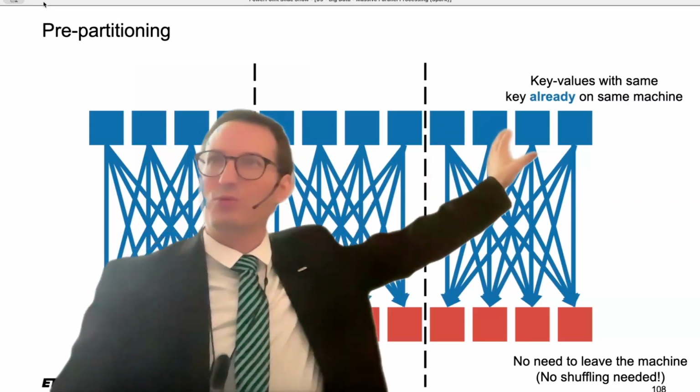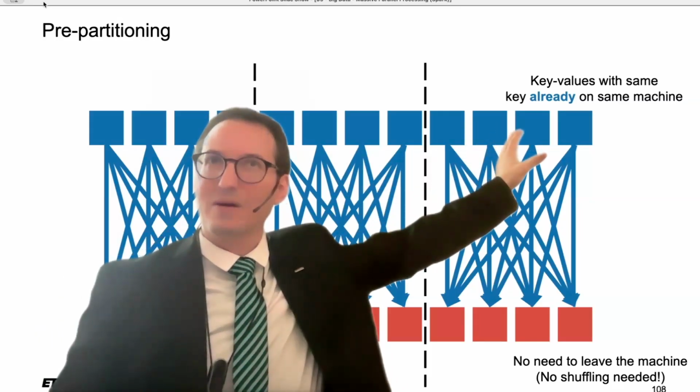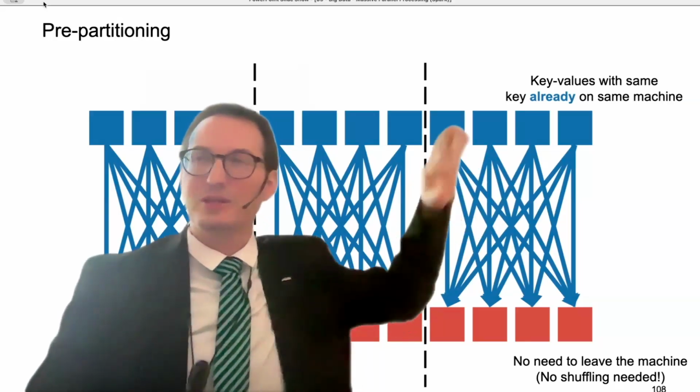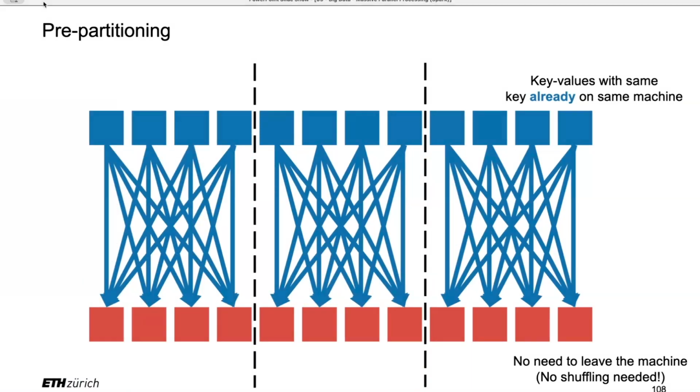And the values between 21 and 30, they are in here. Who agrees that you only need to do local sorting, but you don't need to ship data across machines? Who sees that? Right? So this is what we call pre-partitioning. It's like the data is pre-partitioned in such a way that you don't need to actually ship data across machines. So you have here mini spaghettis in each task, on each machine, but not across machines.